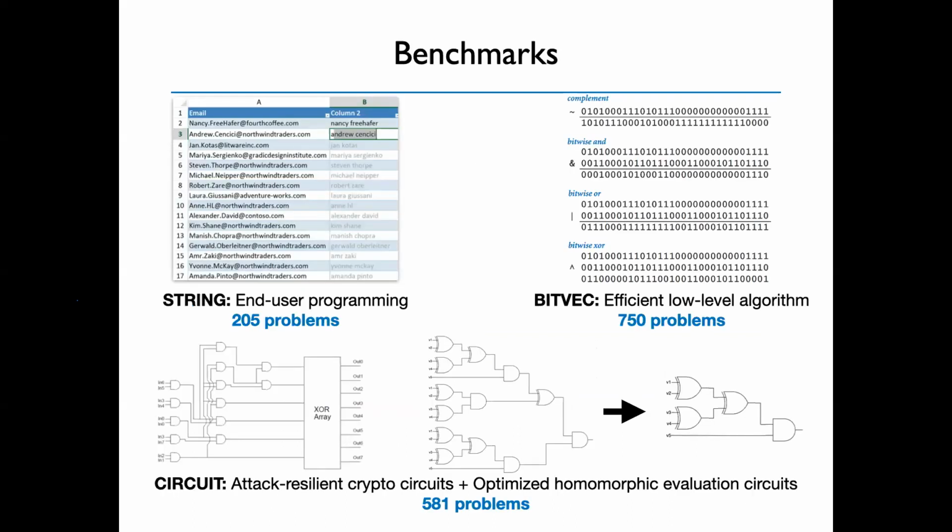We chose synthesis tasks from 3 different application domains. The string benchmarks correspond to common string manipulation tasks faced by spreadsheet users. The bit vector benchmarks are for finding bit manipulating programs from input-output examples, and the circuit benchmarks concern transforming given circuits into better ones in terms of performance or security.